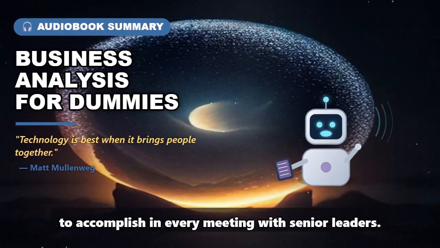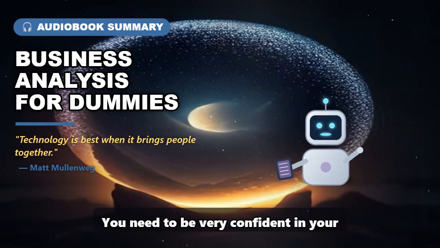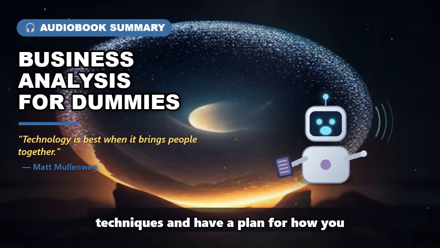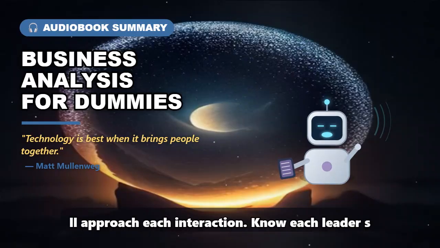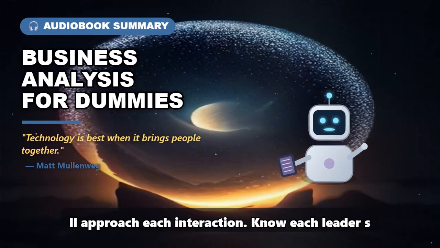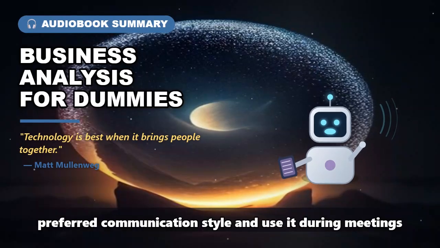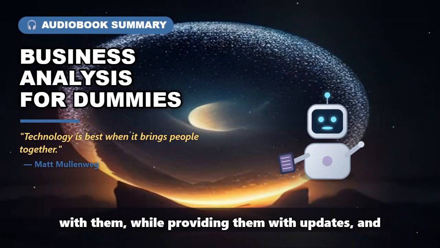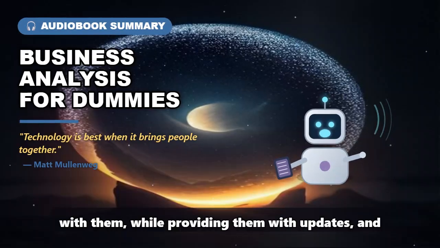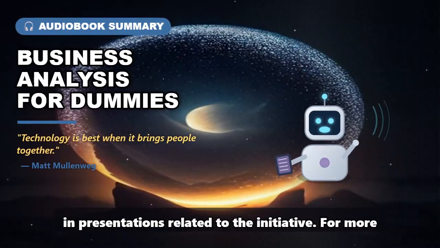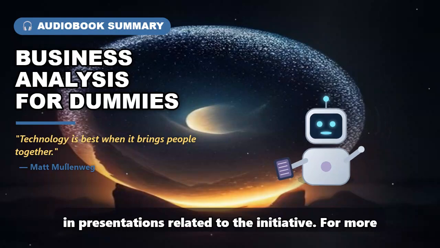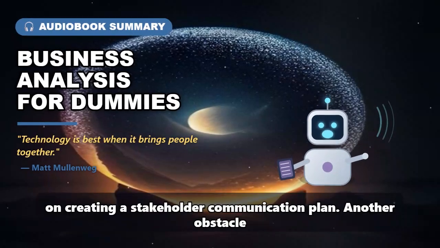You need to be very confident in your techniques and have a plan for how you'll approach each interaction. Know each leader's preferred communication style and use it during meetings with them, while providing them with updates, and in presentations related to the initiative. For more on creating a stakeholder communication plan.